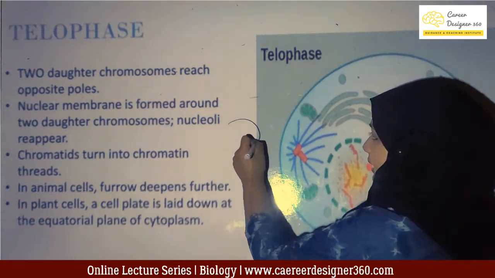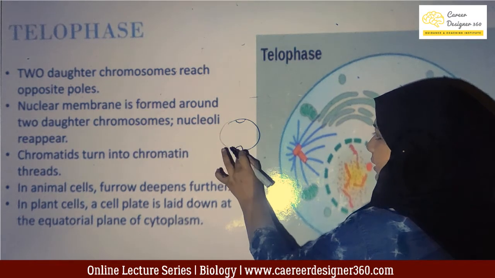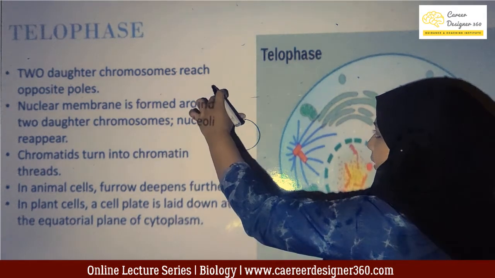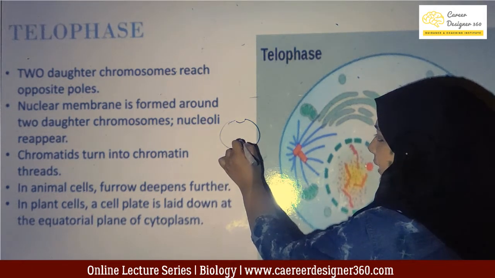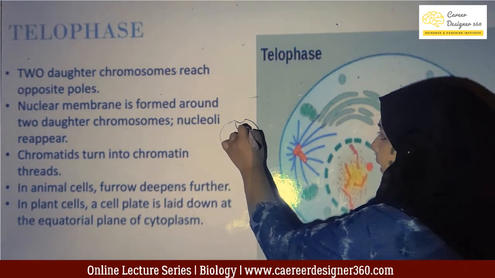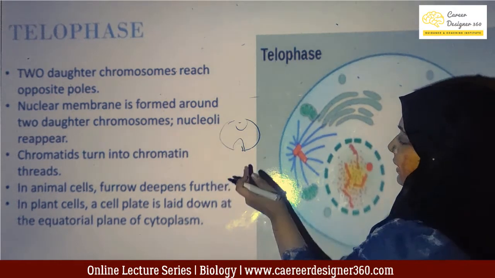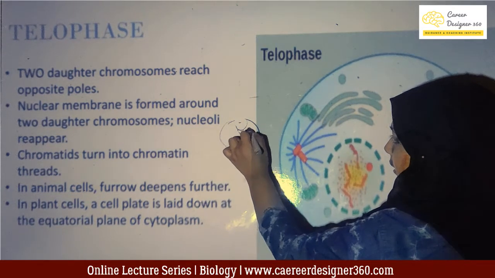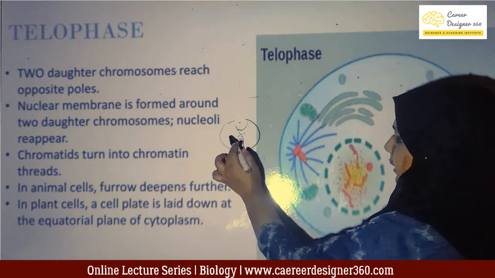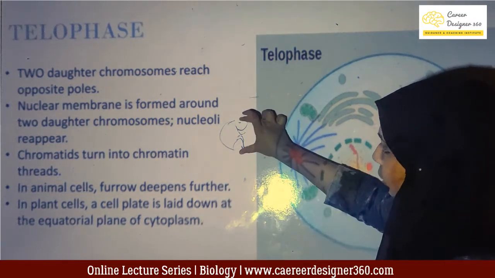If this is the cell, the furrow appeared like this, and now it keeps on deepening further and further to ultimately give you two cells. Okay, so this is the deepening of the furrow.